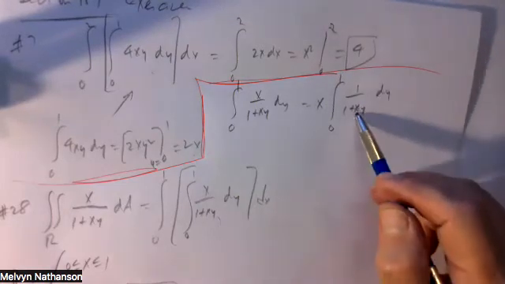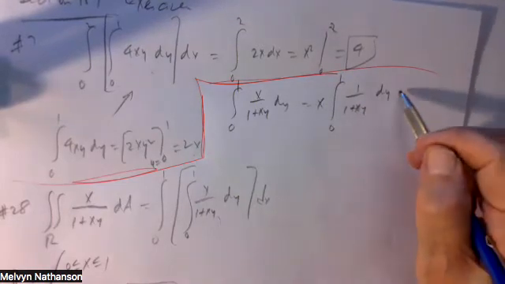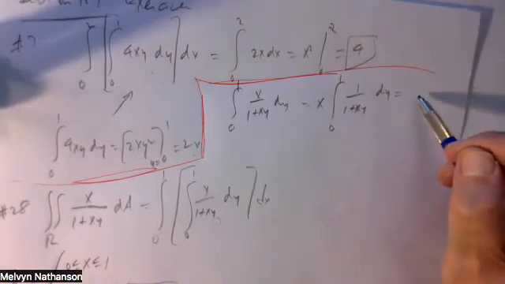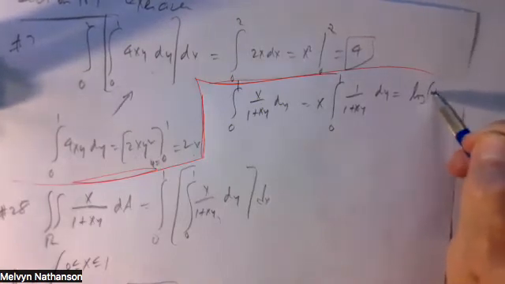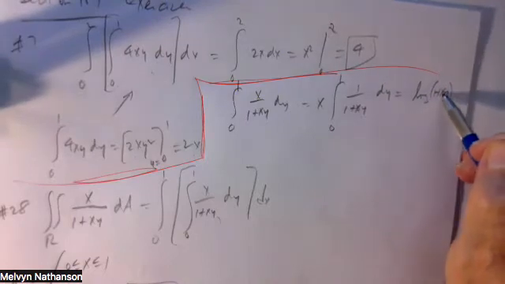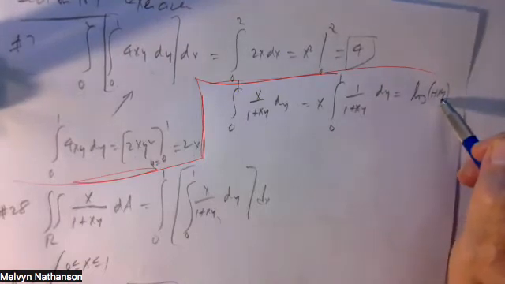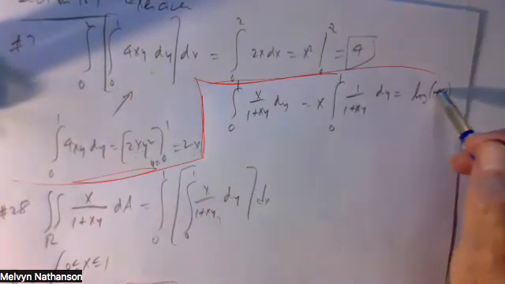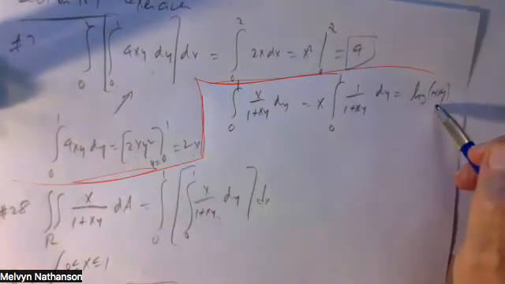What's the integral of 1 over 1 plus xy with respect to y? If I take the log of 1 plus xy, if I differentiate that with respect to y, I get x over 1 plus xy.